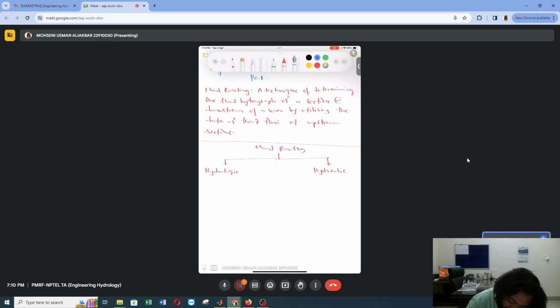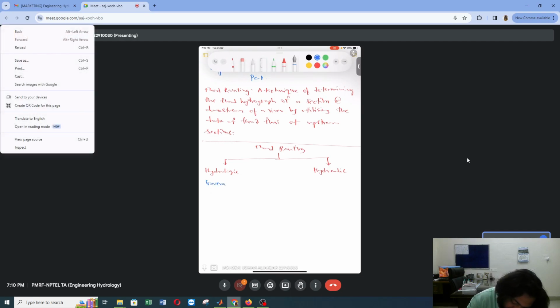So hydrologic routing is governed by the continuity equation, right? Whereas hydraulic routing is governed by continuity plus momentum equation. Both equations are used in hydraulic routing, whereas hydrologic routing is based on the continuity equation, and also on a very important relationship, that is the Q and S relationship.